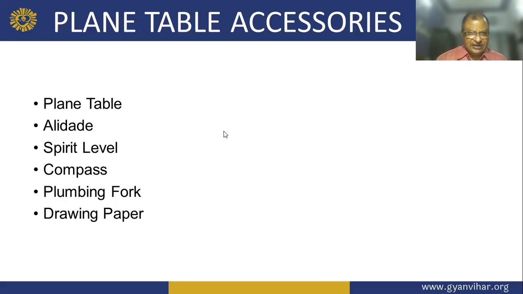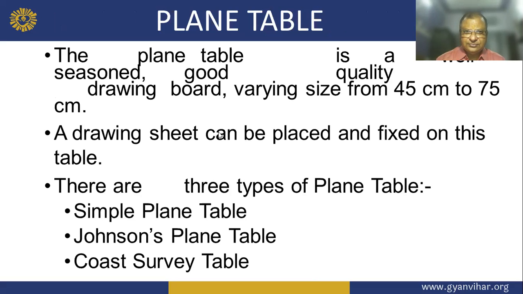Plane table and alidade: these are the accessories of the plane table. They are the plane table, alidade, spirit level, compass, plumbing fork, and drawing paper. The plane table is a well-seasoned, good quality drawing board, varying in size from 45 centimeters to 75 centimeters, and a drawing sheet can be placed and fixed on this table.